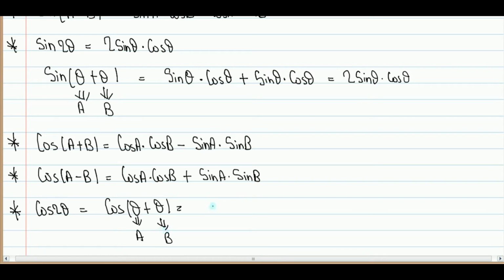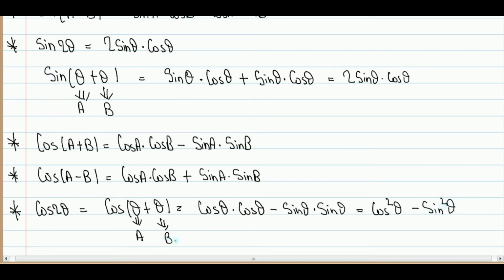So cos 2 theta is nothing but cos a plus b, where a is theta and b is also theta. So you can write cos a, where a is theta, into cos b, where b is theta, minus sine a, where a is theta, into sine b, where b is theta. So this will be equal to cos square theta minus sine square theta.